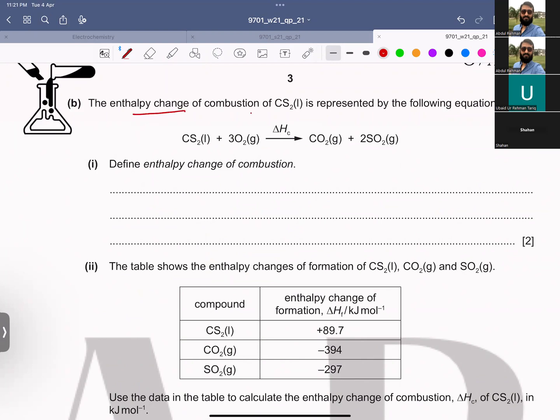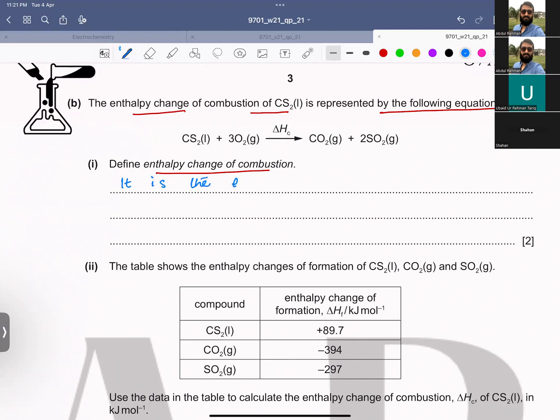The enthalpy change of combustion of CS2 is represented by the following equation. Define enthalpy change of combustion. So you need to write the definition over here.